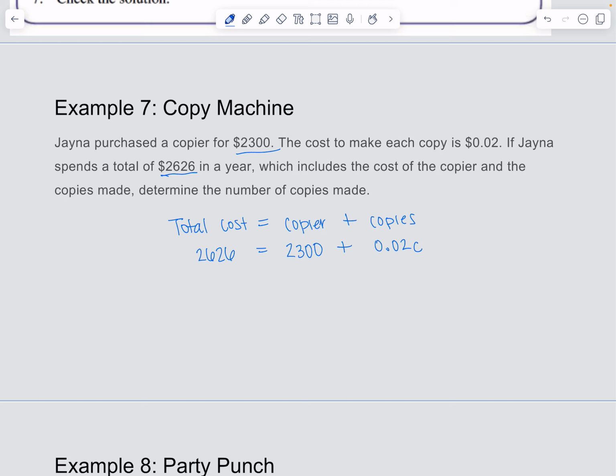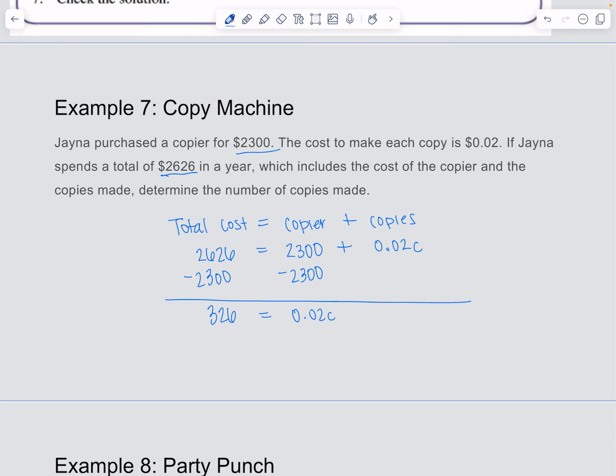Now that we've translated this into an equation, we can solve for the copies. Let's subtract 2,300. Whatever we do on one side, we have to do on the other. We will be left with 326 equals that 2 cents per copy.